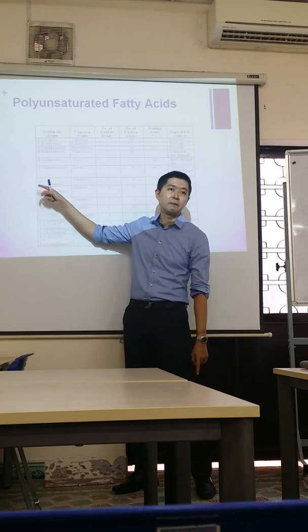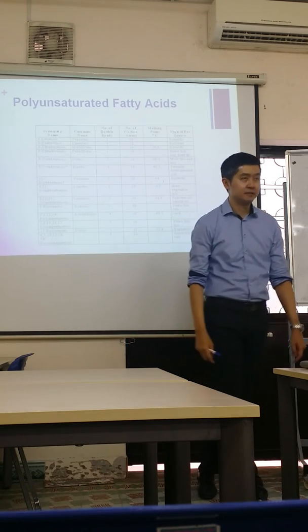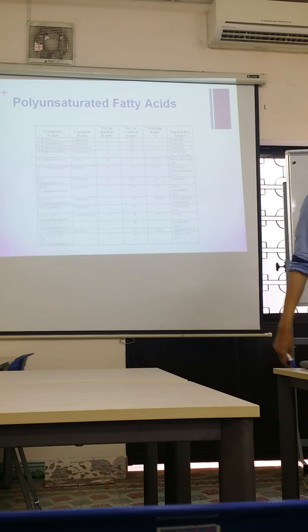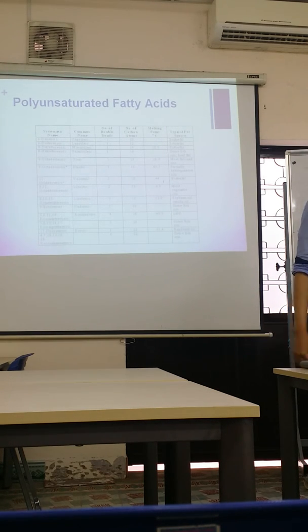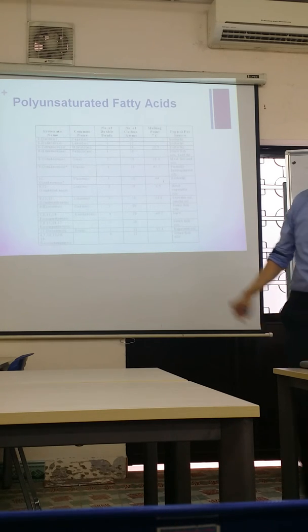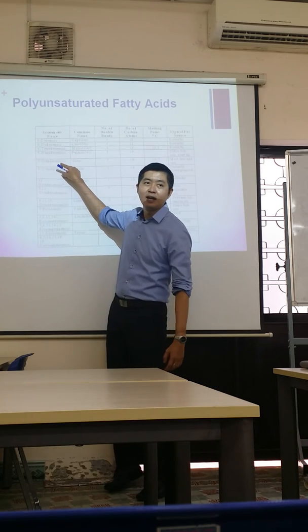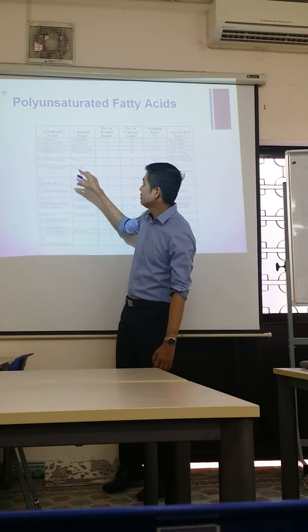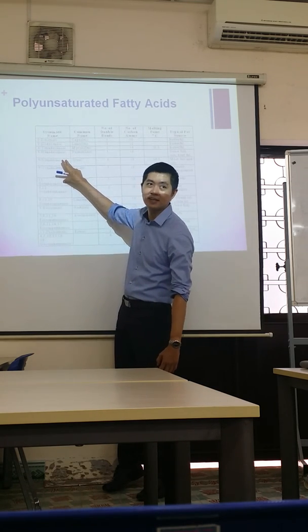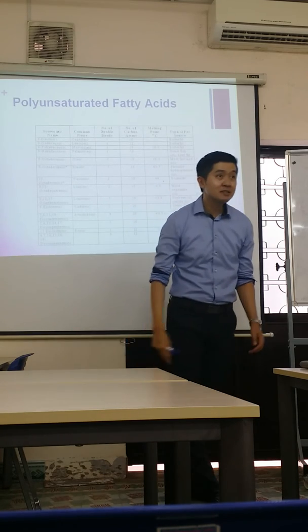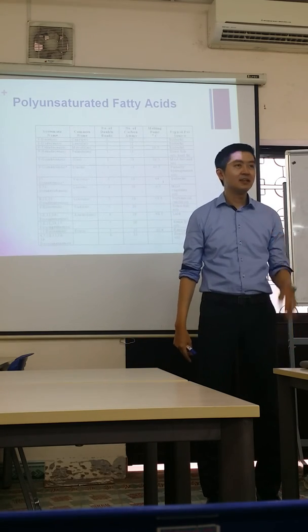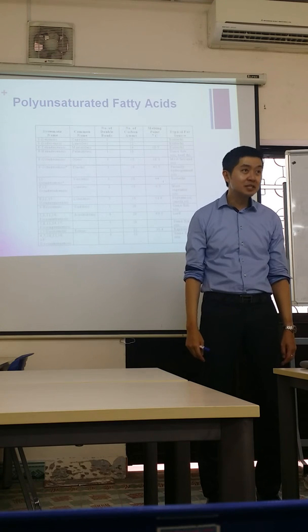Double bond appears at carbon number 11. When it appears at carbon number 11, 18:1, what kind of isomer do you call it? This 2 is geometrical isomer. This 2 is positional isomer. Plus, they are also geometrical isomer.